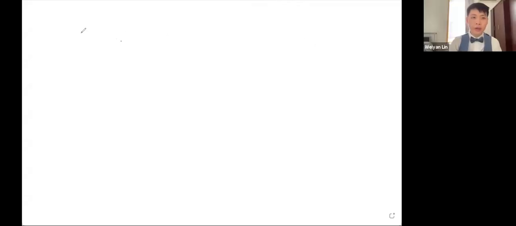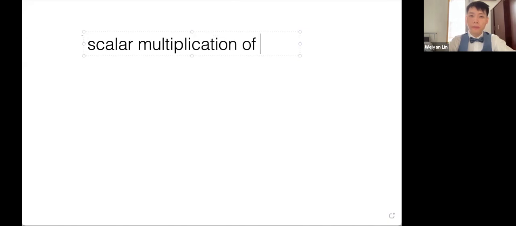Before that, actually, I forgot to mention that for operations on vectors, you also have scalar multiplication. This is when you apply a scalar, a number, to a vector v1.